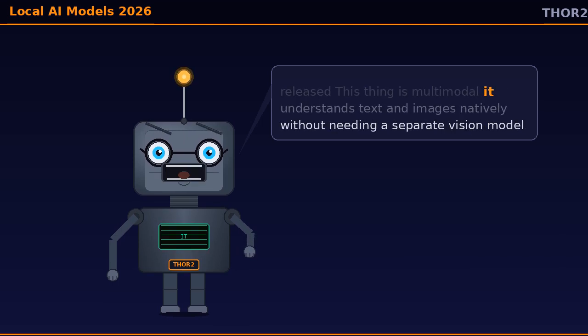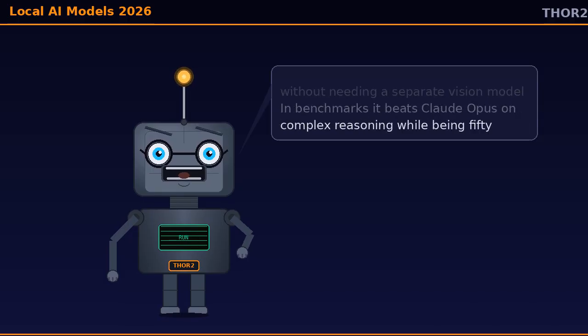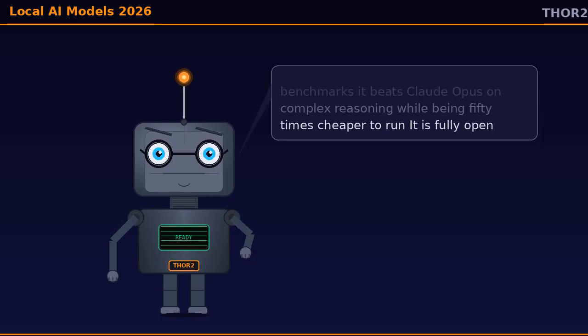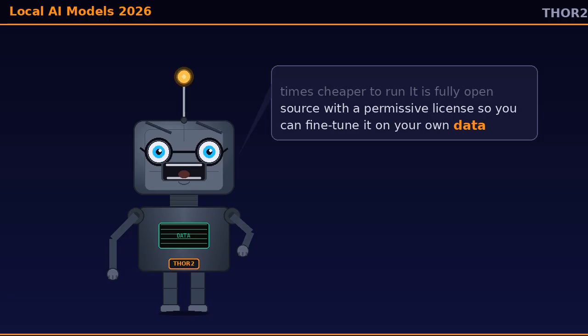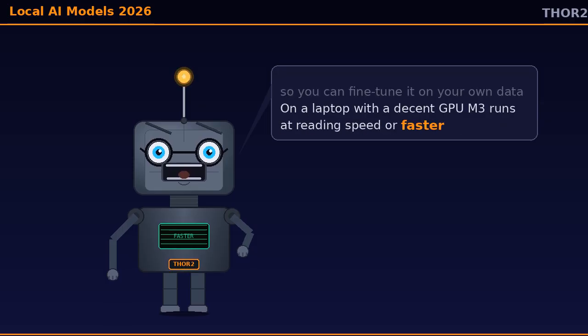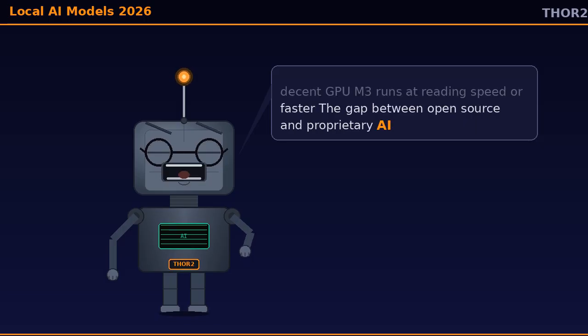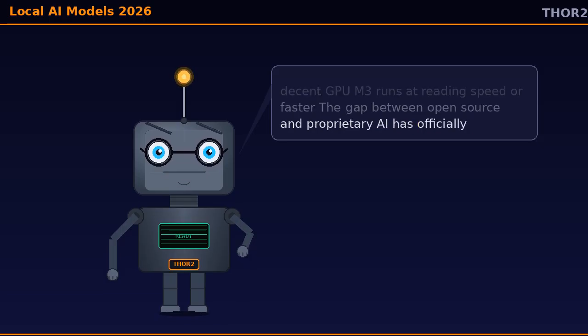In benchmarks, it beats Claude Opus on complex reasoning while being 50 times cheaper to run. It is fully open source with a permissive license, so you can fine-tune it on your own data. On a laptop with a decent GPU, M3 runs at reading speed or faster. The gap between open source and proprietary AI has officially vanished.